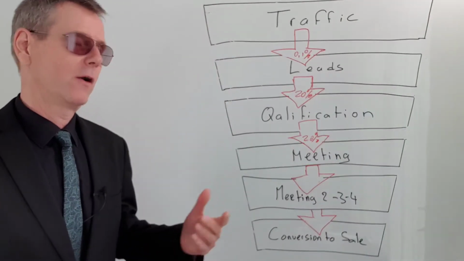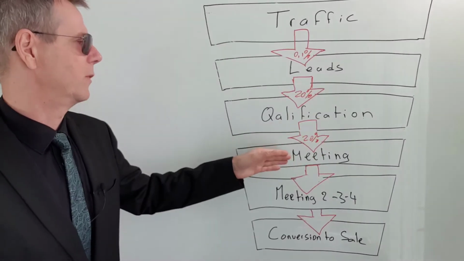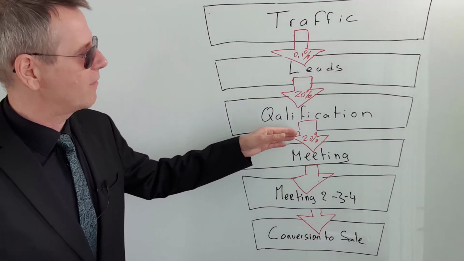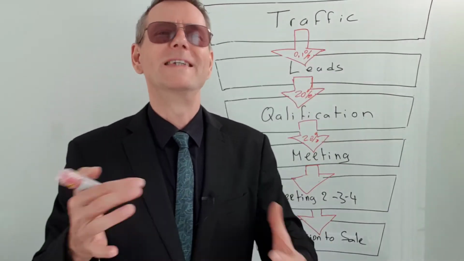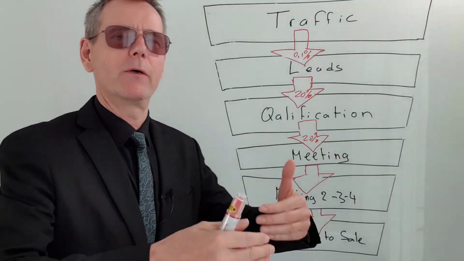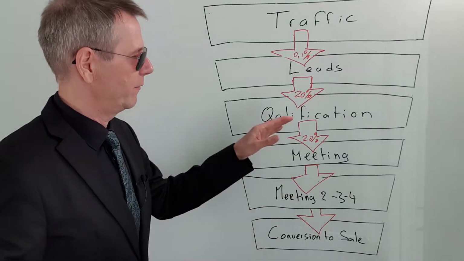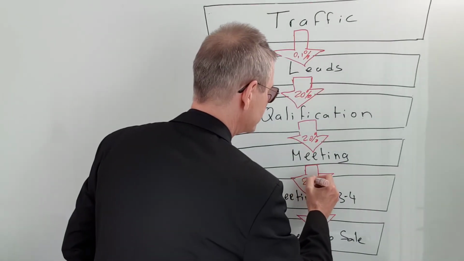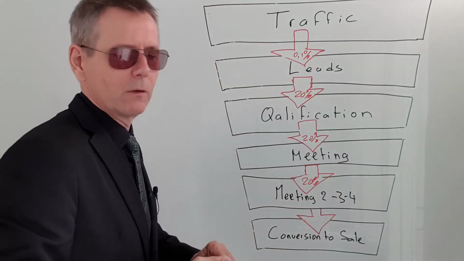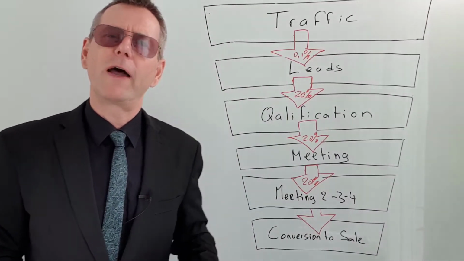If they are qualified, you should be able to have more meetings. But I could have a first meeting with them, or a sales meeting, or first discovery meeting. It depends on the step, like we said. And then from there, 20% continue to the second step, which is maybe a second meeting, or the final meeting.